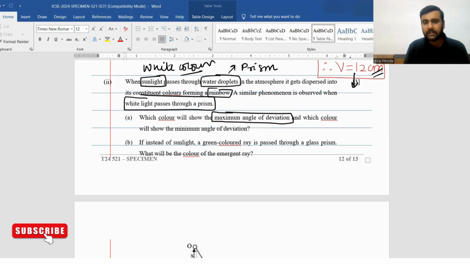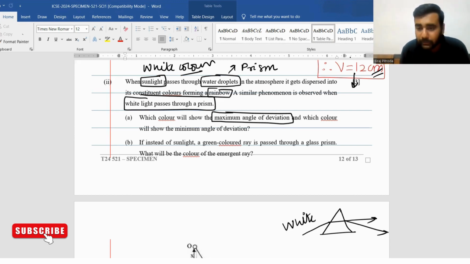Come on, we know it very well. If I have a prism here and white light is passing through it, white light gets divided into 7 component colors in the sequence of VIBGYOR. Violet will be at the bottom, red will be at the top. The maximum angle of deviation is for violet light.